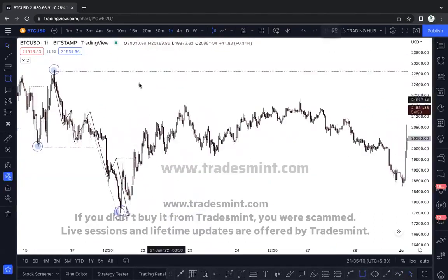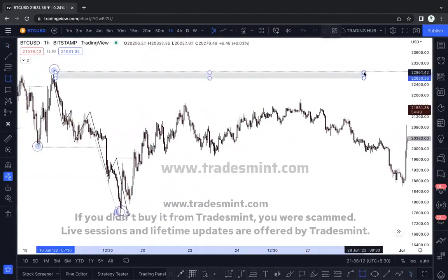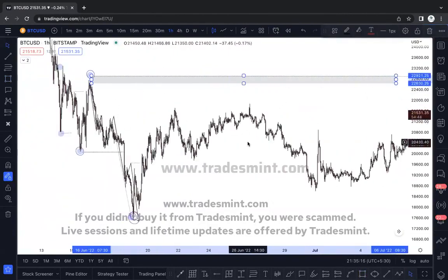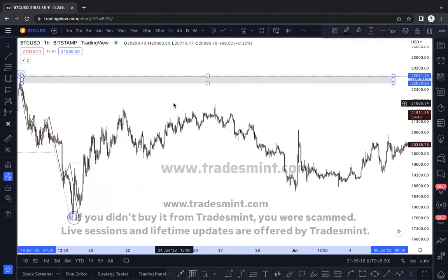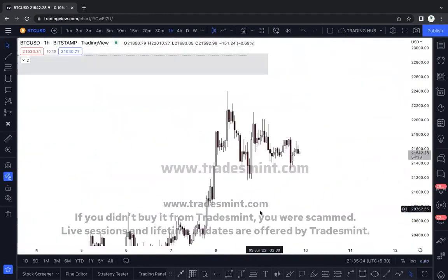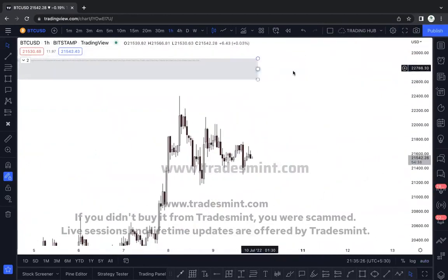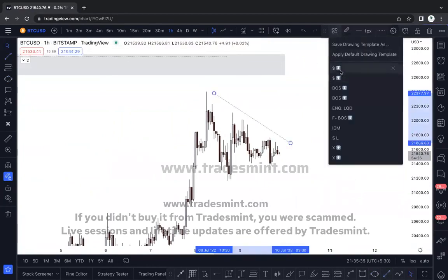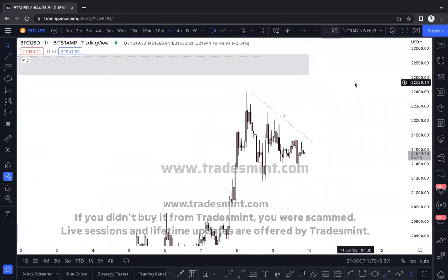Once market taps on this supply zone, correct, then we can see a downside move. Okay, because in a bearish market, we are in a bearish market. So once market taps here, then I would like to sell here. Okay. Correct. And then market, you can see market creating liquidity.